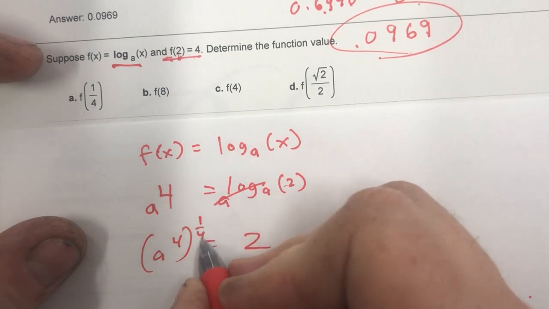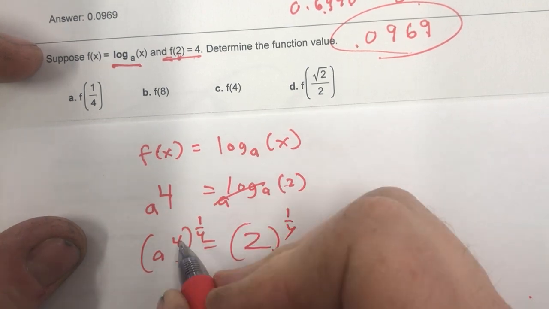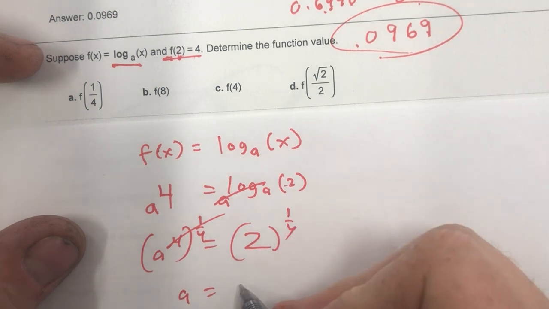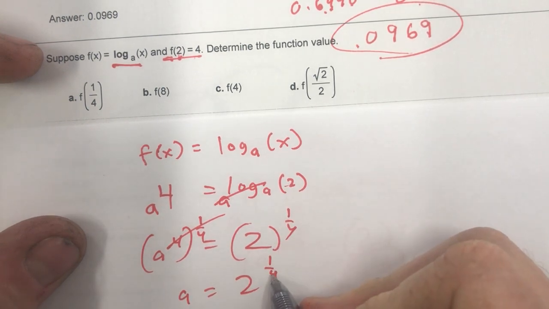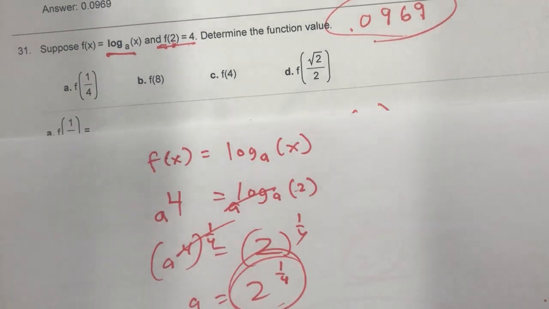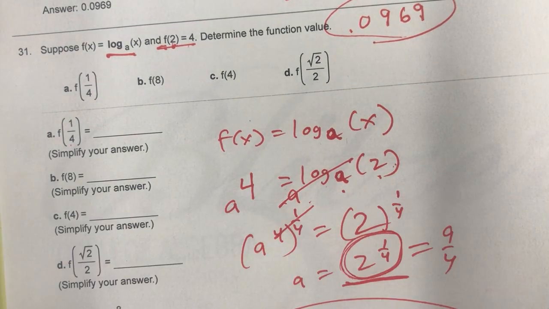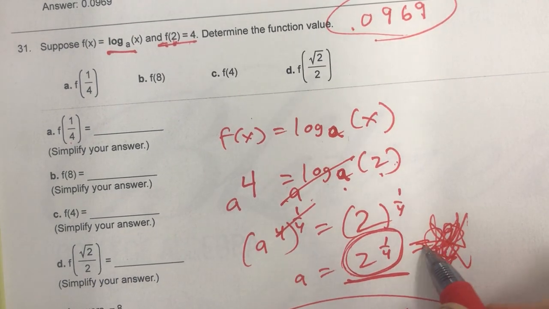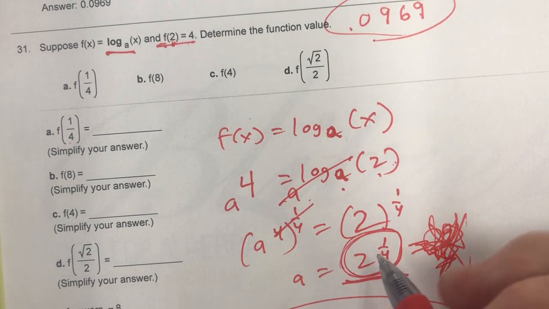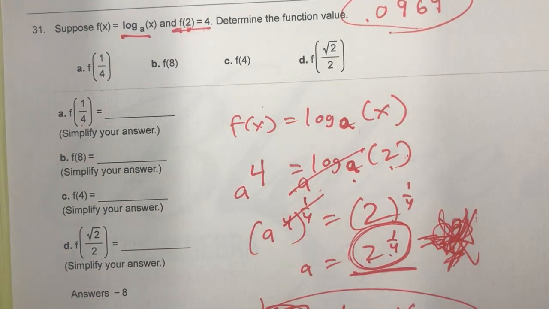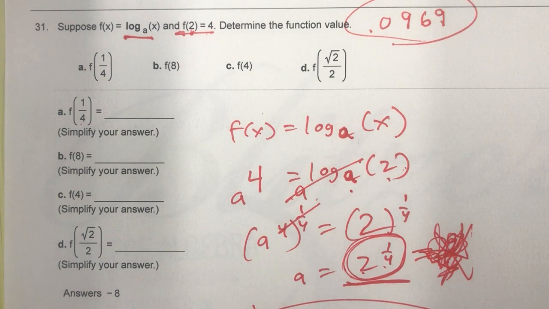So I do a 1/4 power. And this cancels, so a equals, oh, you know what I did? That's 2 to the 1/4 power. I just have to leave it like that. That's what I did wrong. I changed it to a mixed number. That's where I made my mistake right there. I shouldn't have done that. That was 2 to the 1/4 power, and then I thought that was 2 1/4, but it's 2 to the 1/4 power. That was my mistake.